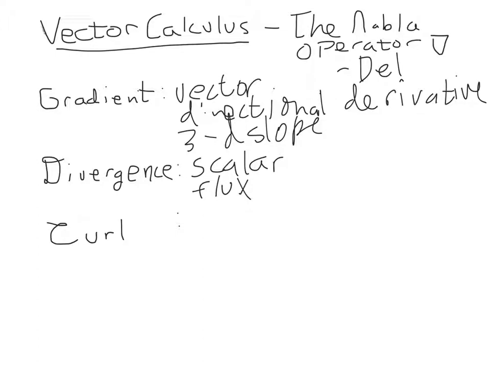The curl operator outputs a vector result, and this is simply thought of as mathematically the rotation of a vector field, and in physics it's useful for describing angular momentum and rotation of different fields or objects in space.